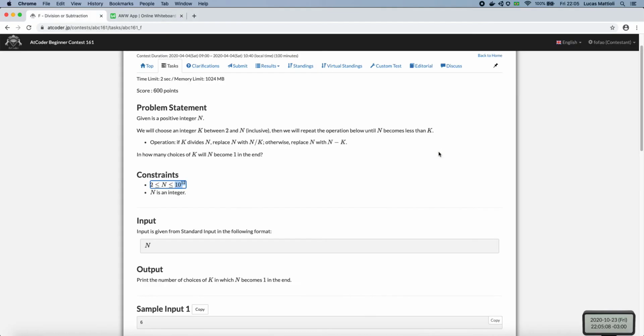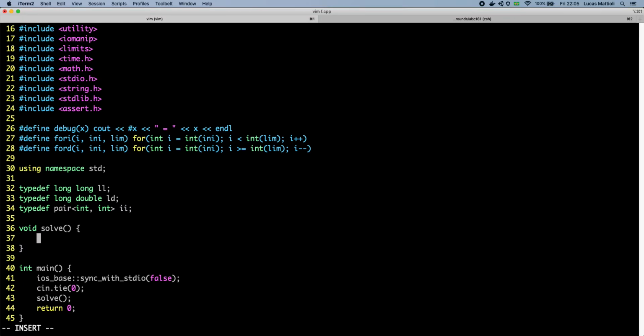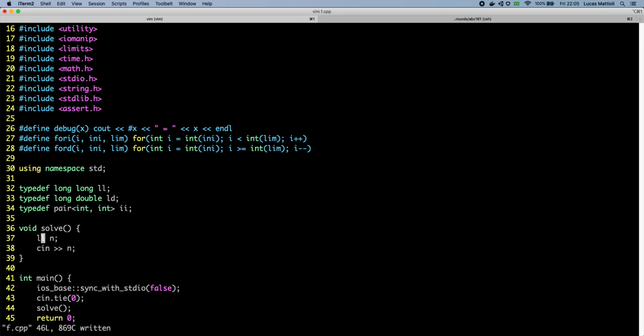So the first thing is to read n, which is the only input. Here we need to use the long type because n can go up to 10 to the power of 12, and int type goes up to something close to 2 times 10 to the 9.